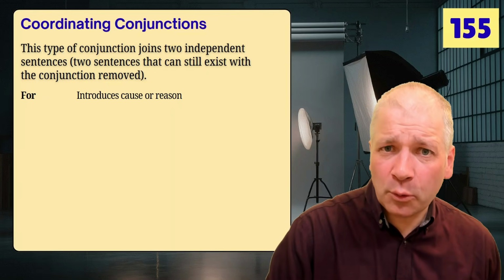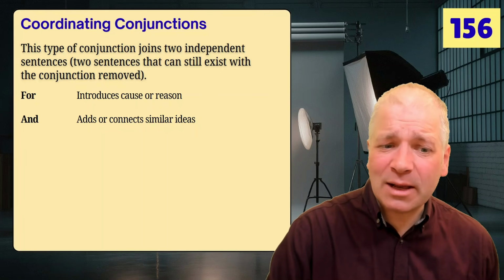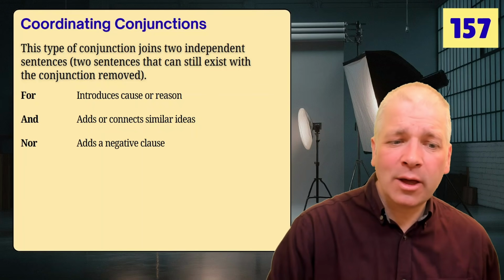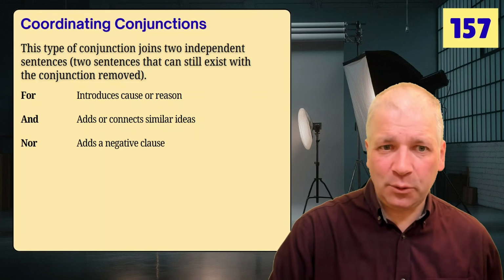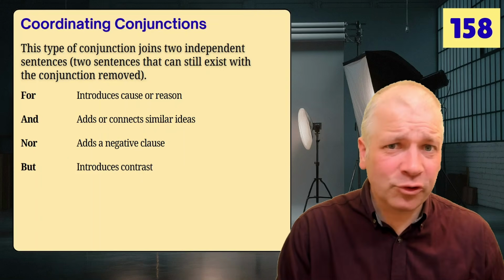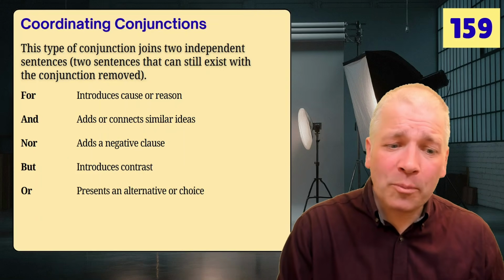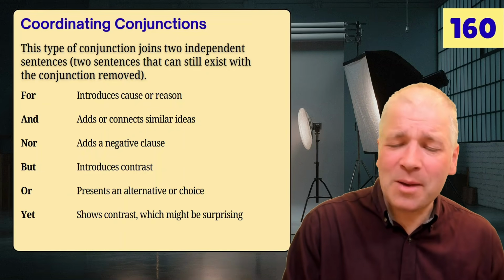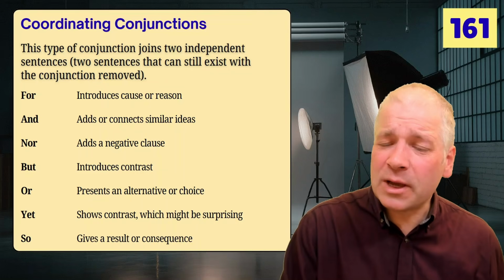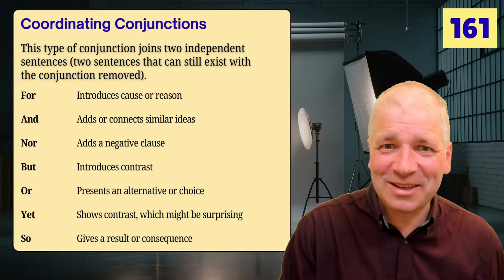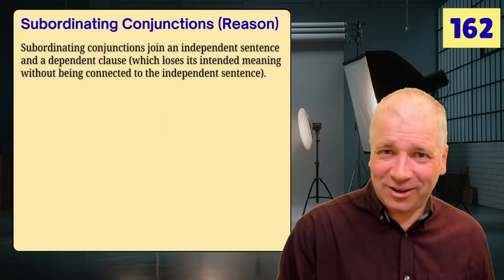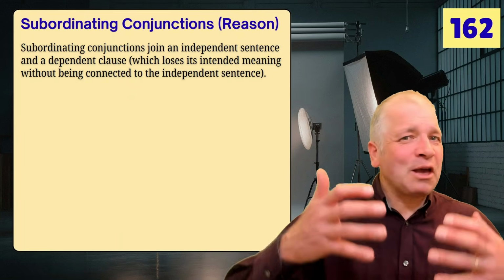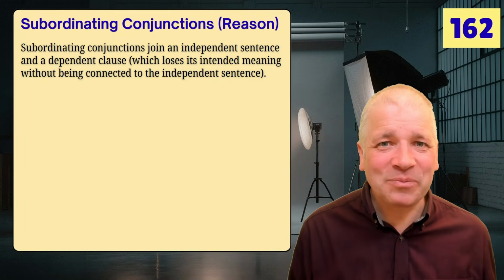For introduces causal reason, and connects or adds similar ideas, nor adds a negative clause, but introduces a contrast, or presents an alternative or a choice, yet shows contrast which might be surprising, and so gives a result or a consequence.